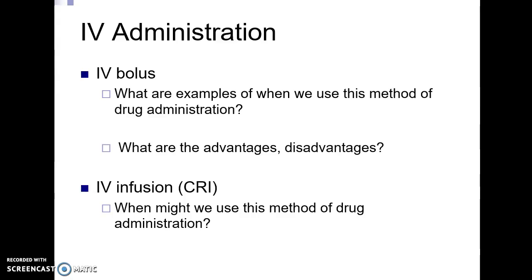Some examples of where we use an IV bolus is when we need to get something into an animal very quickly. So, to counteract, let's say, sedation, or to give some extra fluids to an animal in an emergency situation.